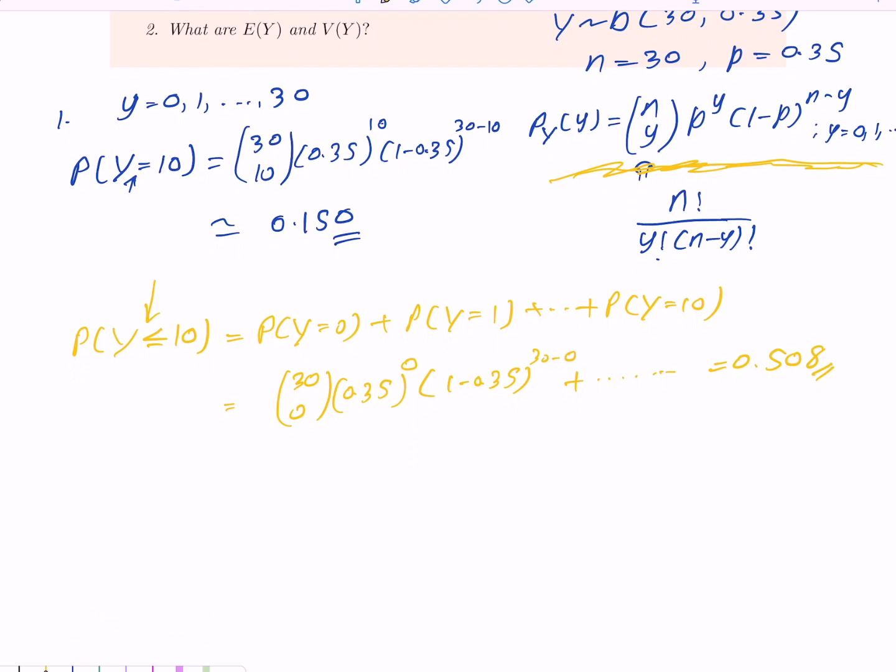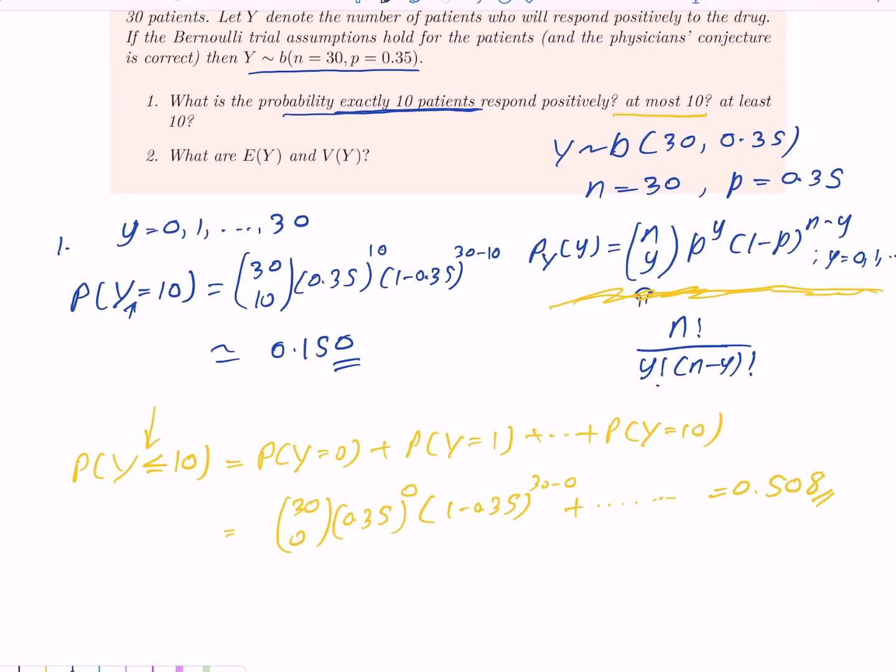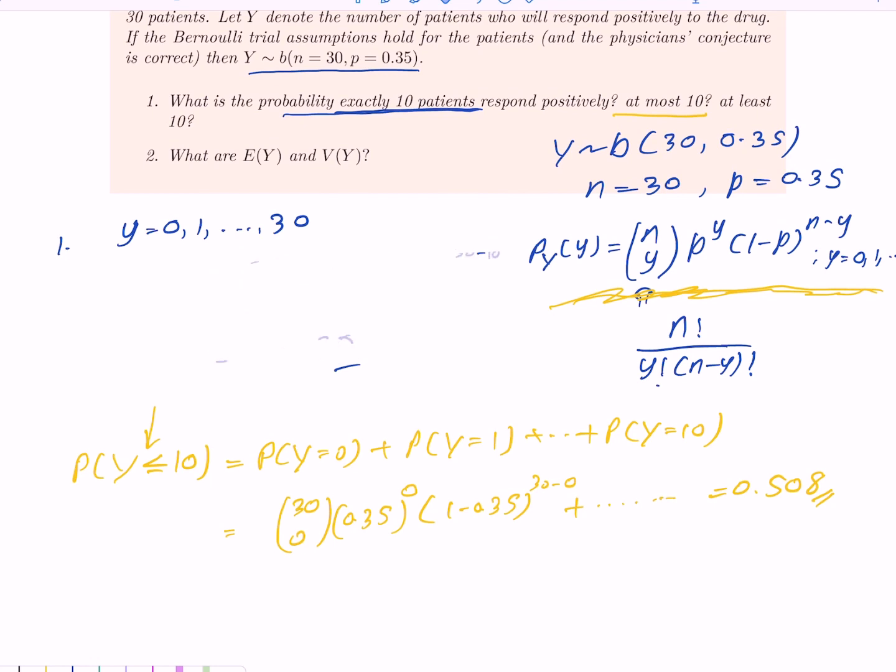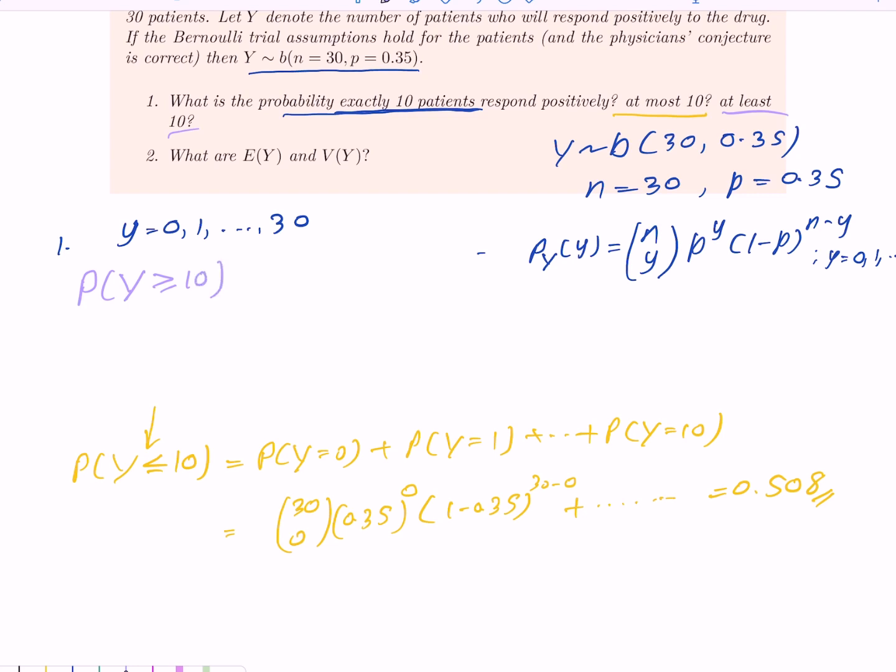Okay, the next part. So let me erase this one. Yes, go to the next one. At least 10. What does at least 10 mean? At least 10 means probability y greater than or equal to 10. So then how do we do this one?